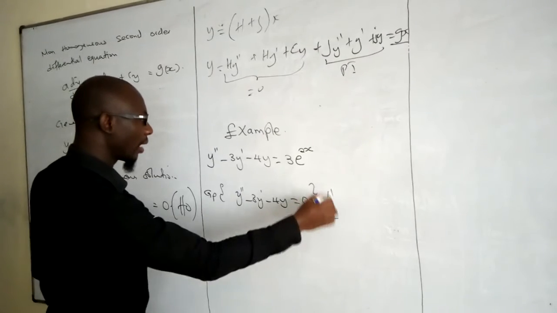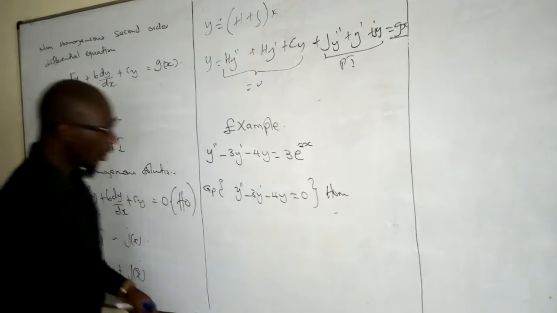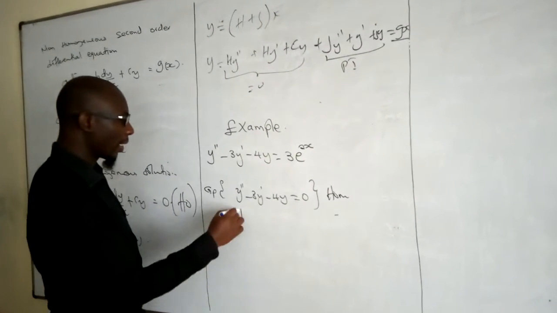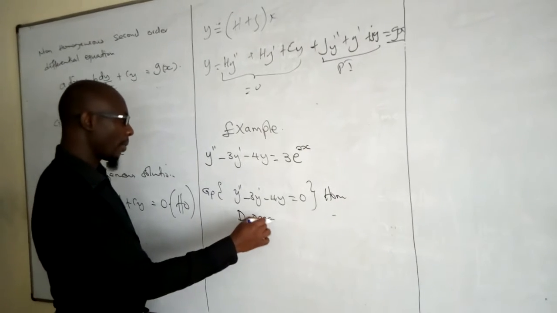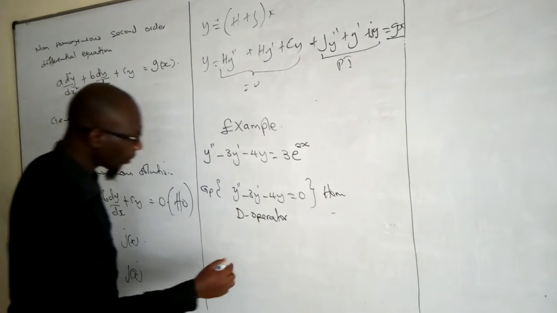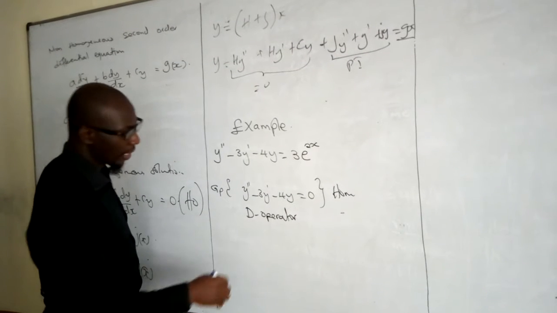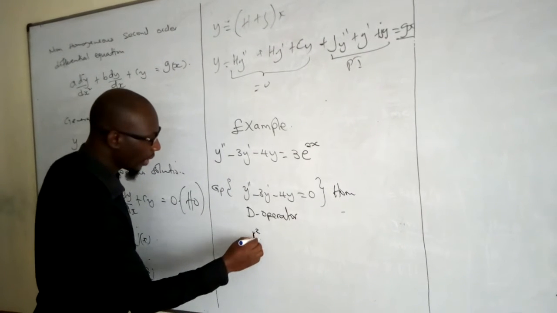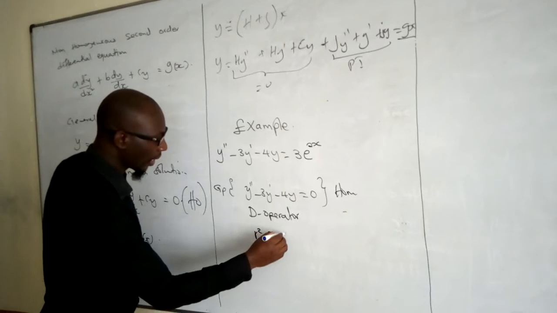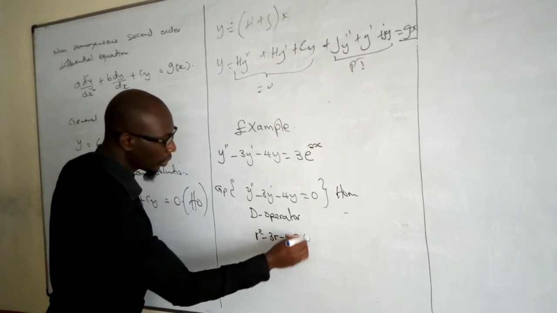This shall be our homogeneous equation. We solve this one by the D operator method. Let our variable be r: r squared minus 3r minus 4 is equal to 0.